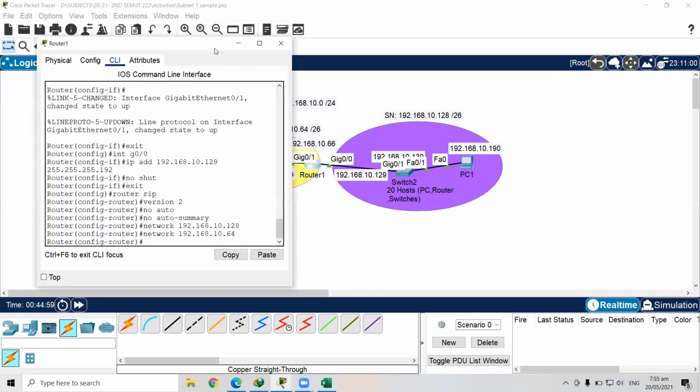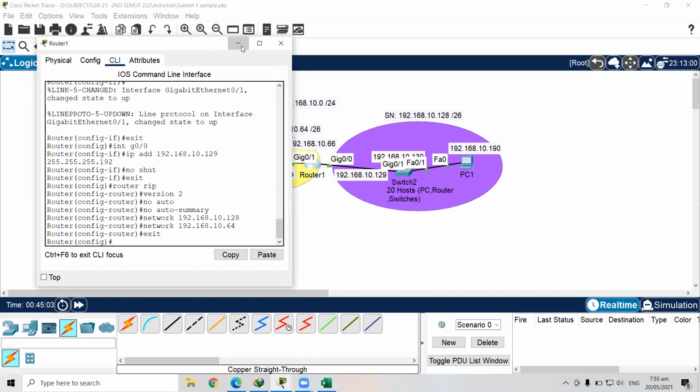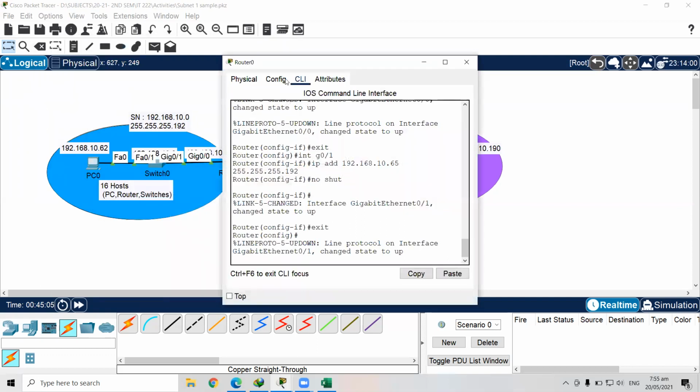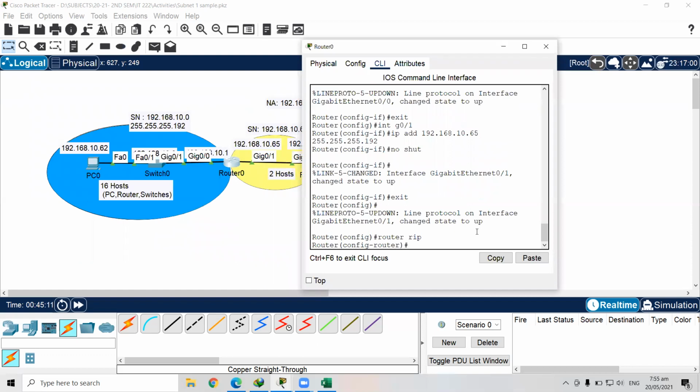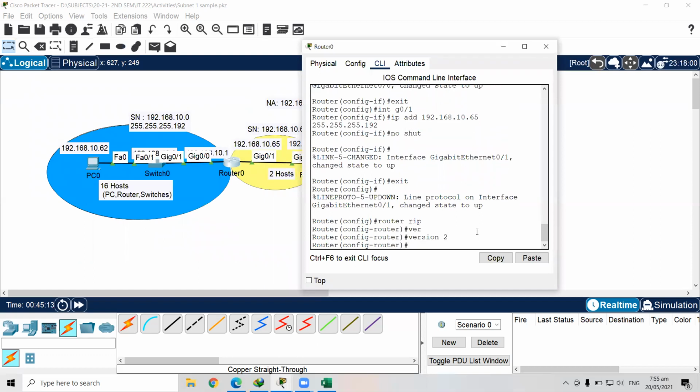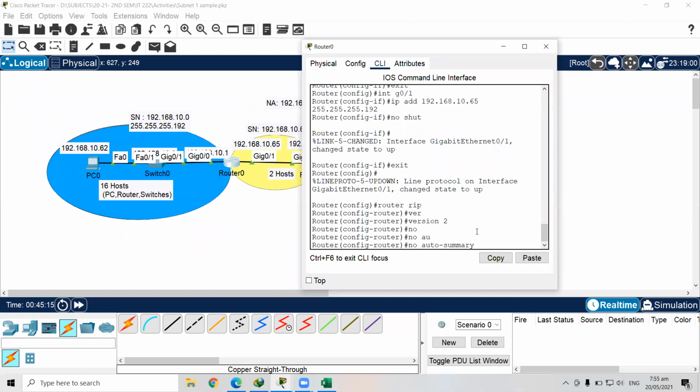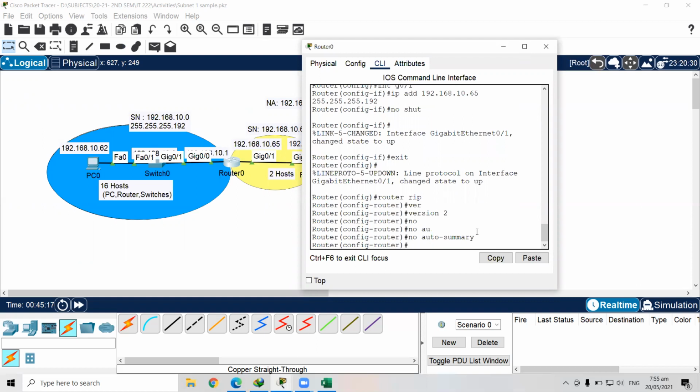Ayan. So, exit tayo. Ito na naman tayo sa kabilang router. Mag-router rip tayo dito. Version 2. No auto summary. Tapos, IP natin.